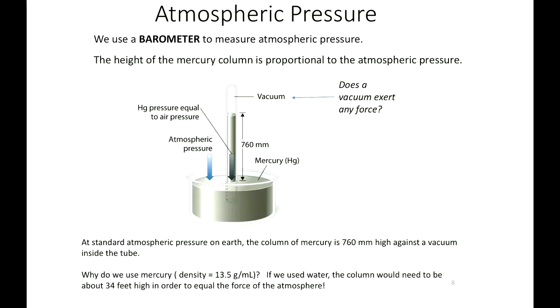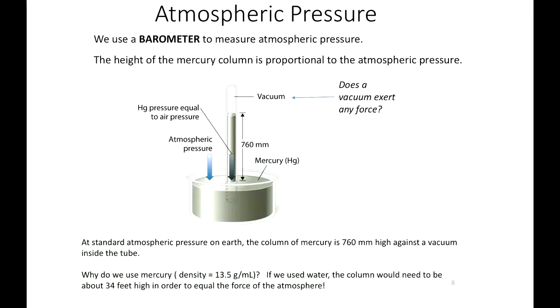You set this experiment up, and at earthly, 1 atmosphere pressure, that column of mercury is how tall? 760 millimeters tall, so 3/4 of a meter. So it's about this tall, right? And that's something like a benchtop apparatus you could have. So that's where millimeter of mercury comes from.